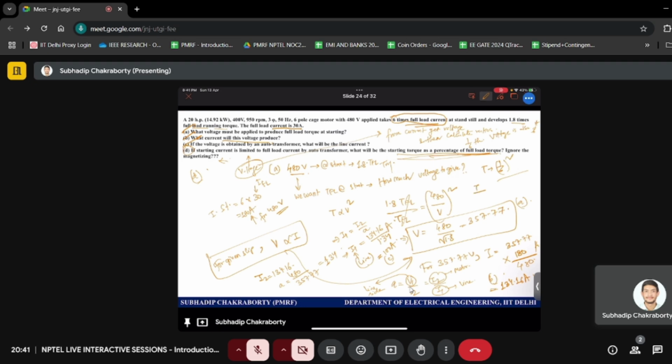So I need the torque ratio, square, right?